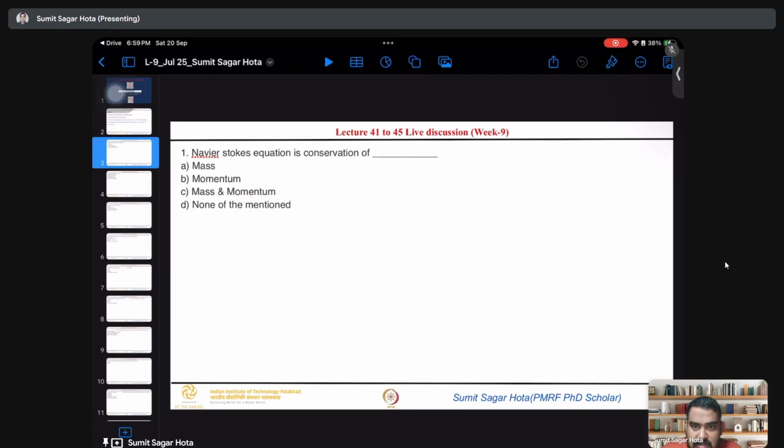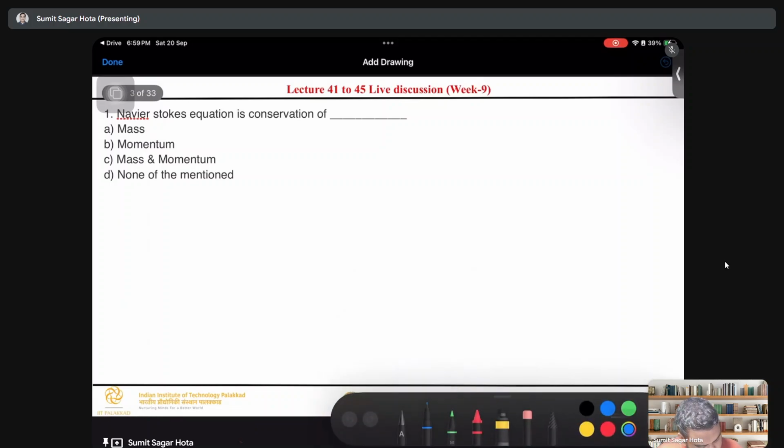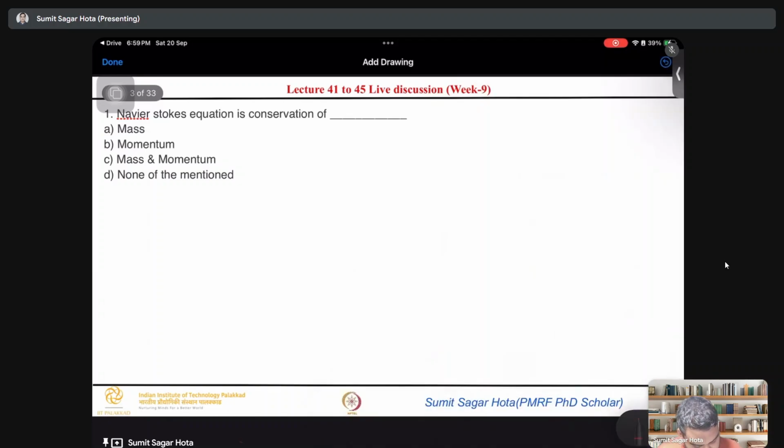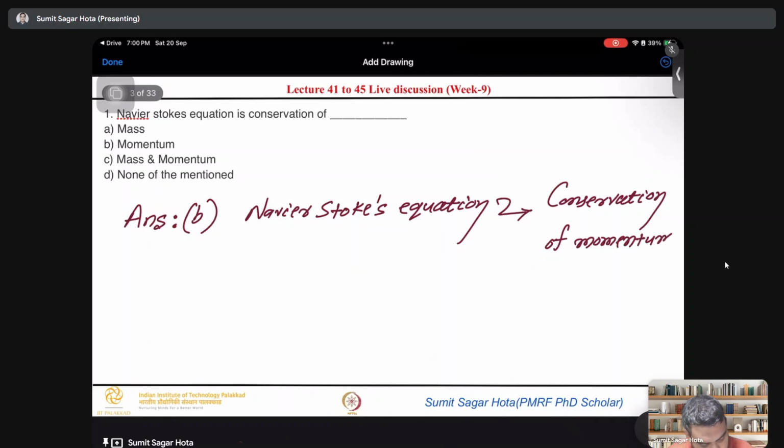We know very well the Navier-Stokes equation is always the conservation of what? Momentum. Conservation of momentum.